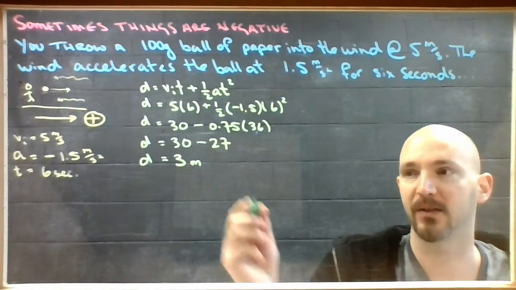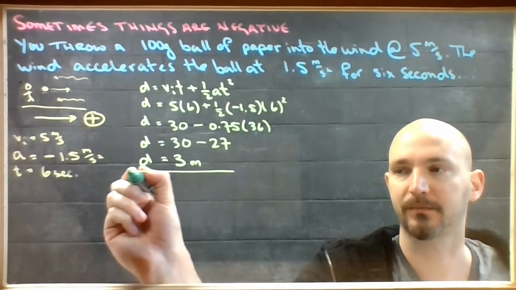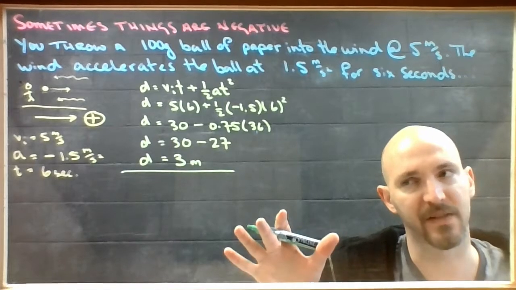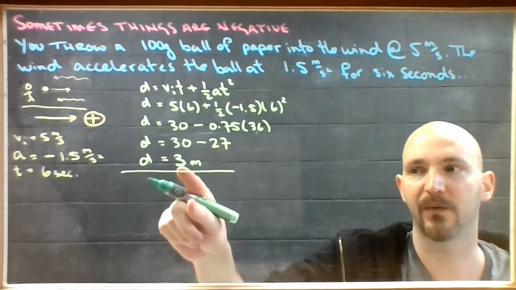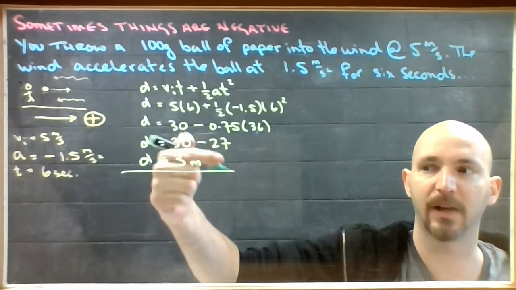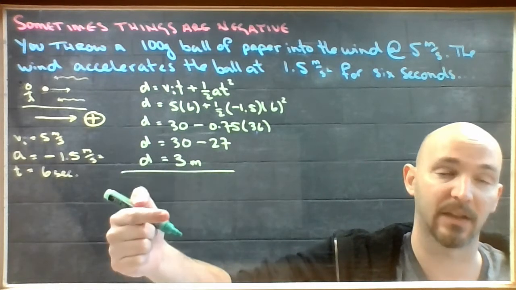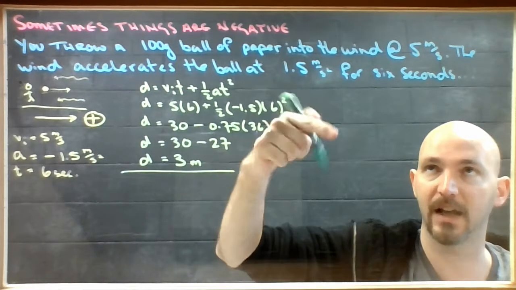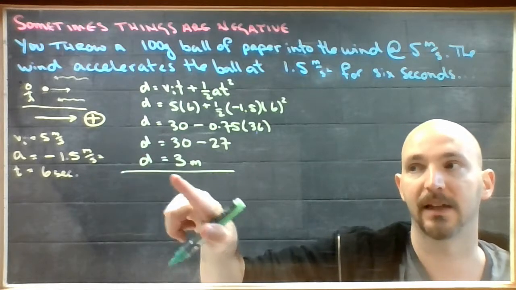So we need to get our final speed. I'm still not sure whether final speed will be positive or negative. If it's still heading that way when it's 3 meters out, then I'll have positive. If it has gone out and come back, then I would have a negative.